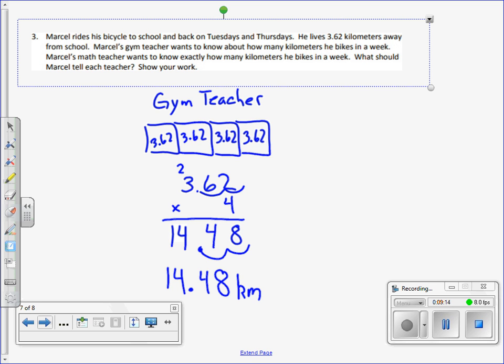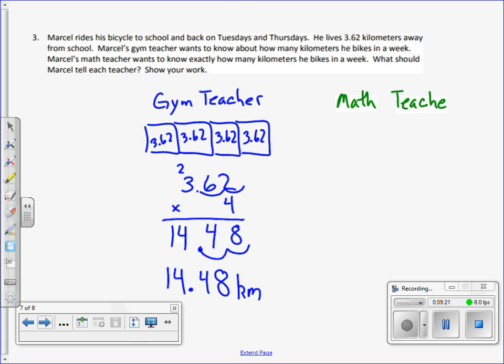And then for the gym teacher, he wanted an estimate. Well, we know he does 3 and 62 hundredths, and we're talking about 4 trips. It might be off just a little bit, but if we think about it, we've got a 4 here and a 3 here. 4 times 3 is 12.